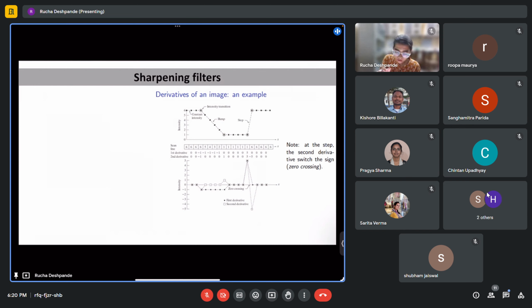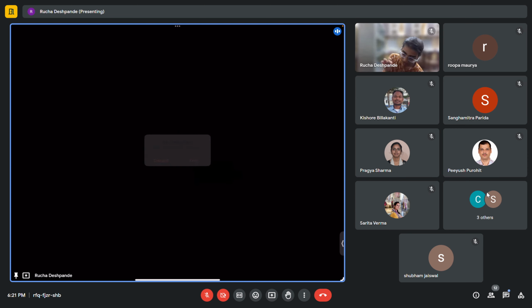So let's see how derivatives work. To make the image smoother, we apply an averaging filter. To make it sharper, we will have to calculate the derivatives, because derivatives measure the intensity of the change. So let's look at this image and try to understand it better.